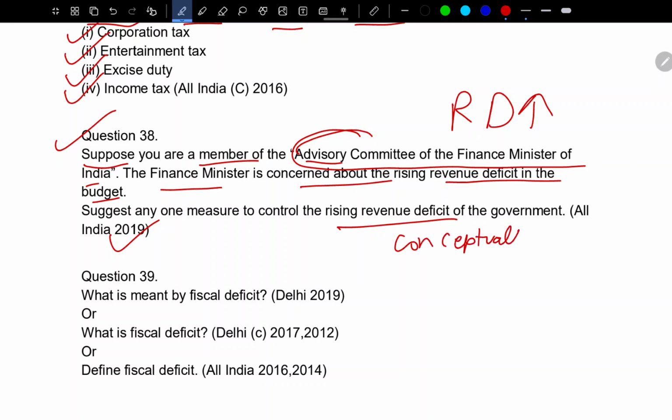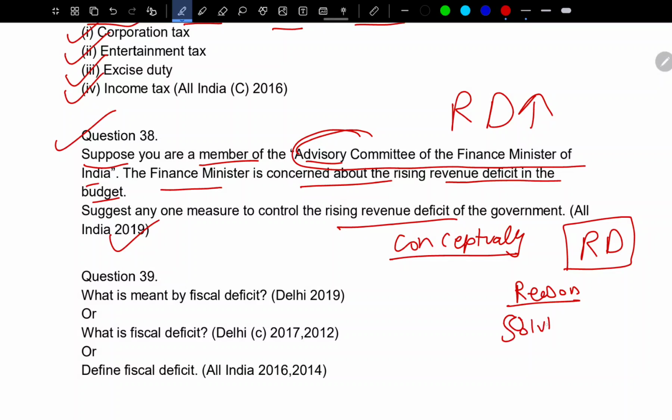Like, if I ask you what is revenue deficit, you should know what revenue deficit is, also the reasons for revenue deficit and the solutions. You should know all these things. If you have any problem regarding the concepts of revenue deficit, I have already created a playlist that I have mentioned before also.